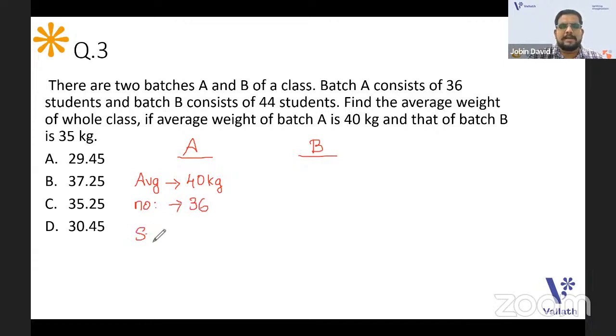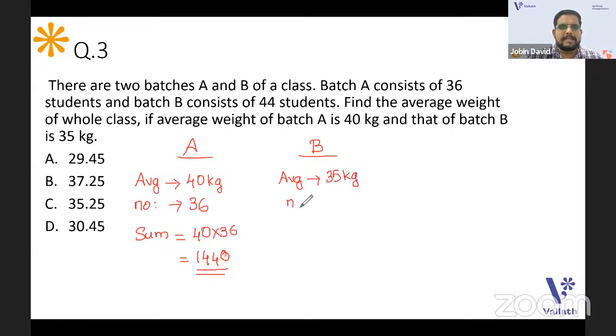If you want the sum, sum is equal to 40 into 36. Just multiply 40 into 36, and you will get the answer as 1440. And then the average for B is given as 35 kilogram.